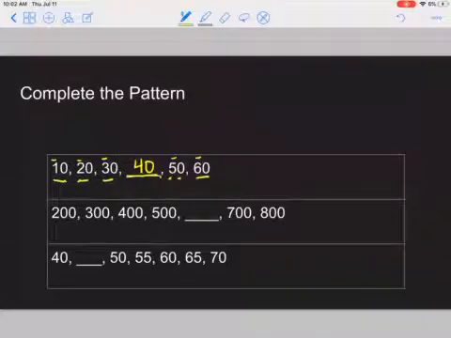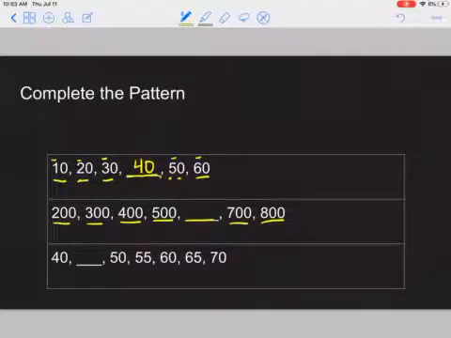Let's look at the next one. 200, 300, 400, 500, blank, 700, 800. What do you think goes in the blank here? Well, first we need to figure out what we're skip counting by. If we make a jump from 200 to 300, how many are we counting by?